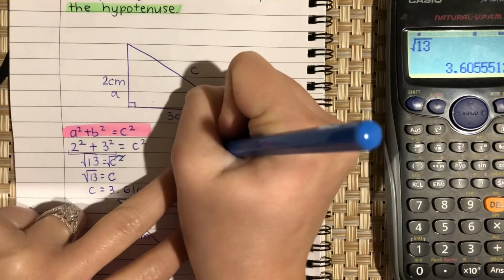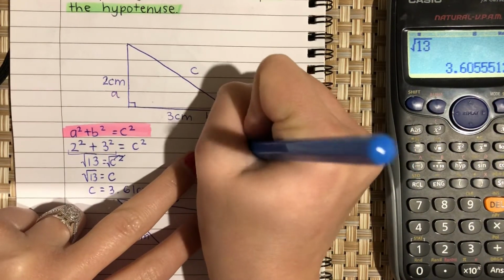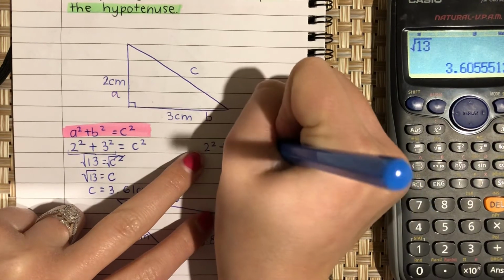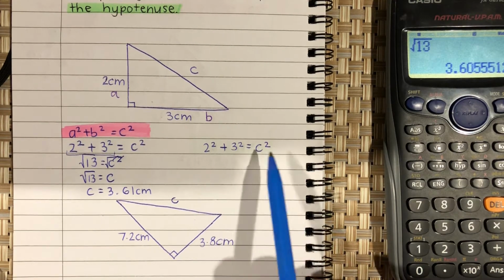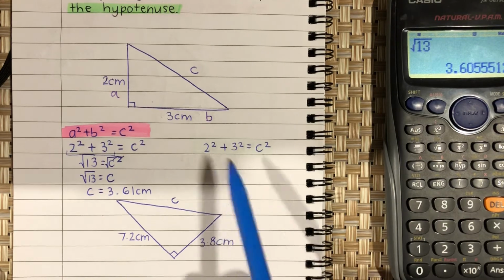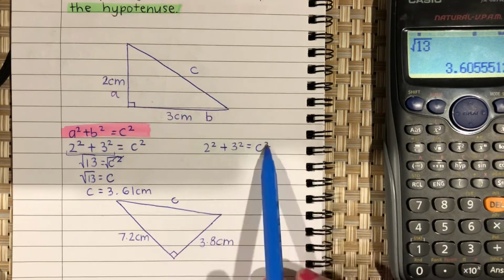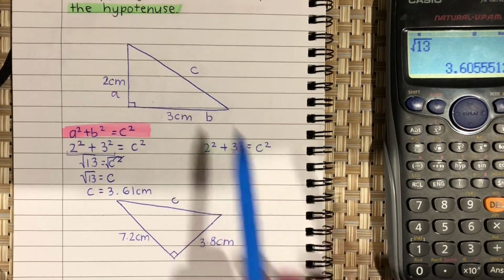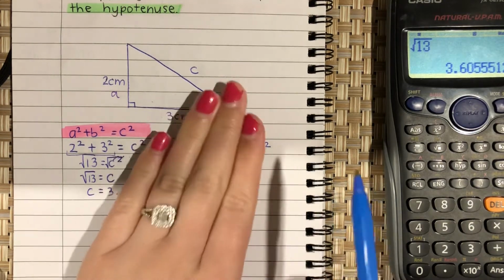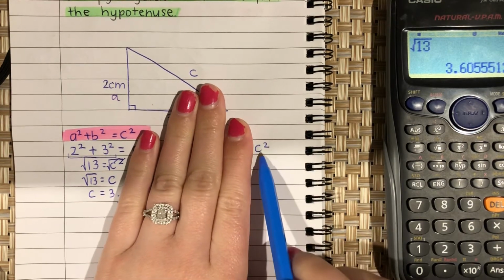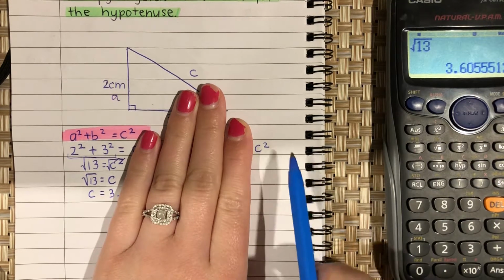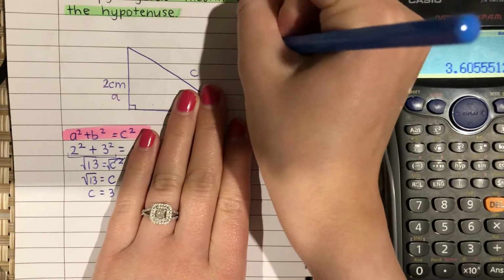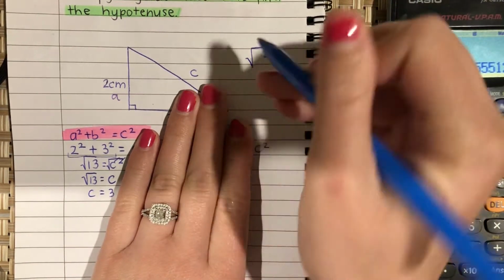Okay, now the other way we could have done this, if I just rewrite this step here, is by straight away putting a square root over everything. Now, we need to find out what c is. Just c, not c squared, just c. So in order for us to get the c on this side of the equation by itself, we need to square root this, because when you have a square root and a squared together, they cancel each other out.